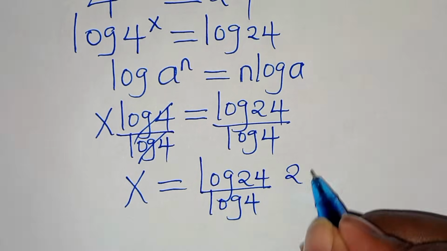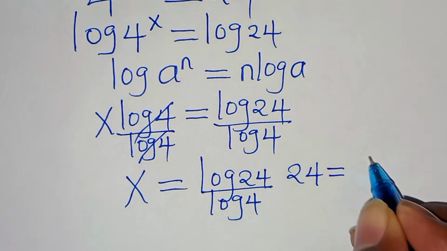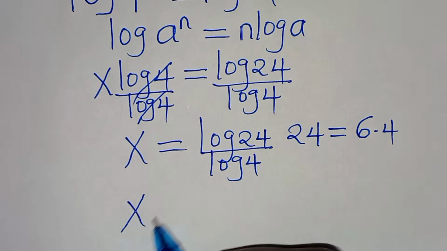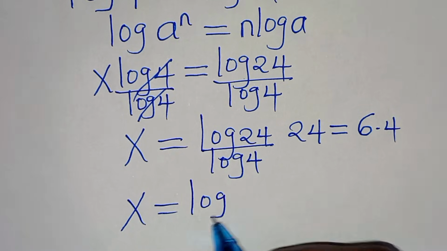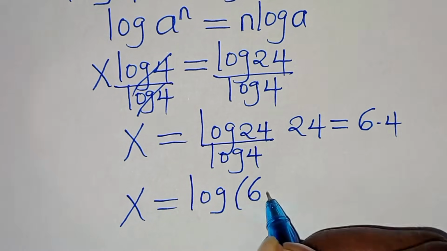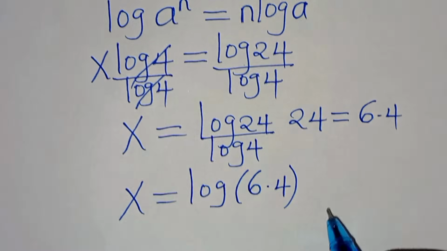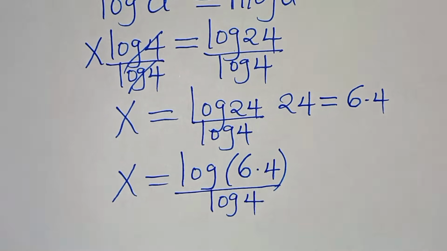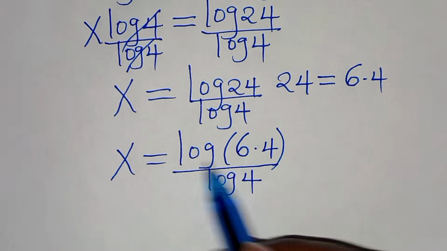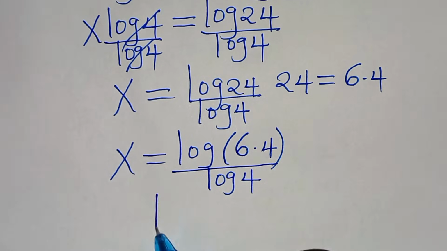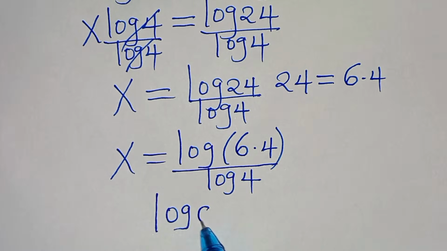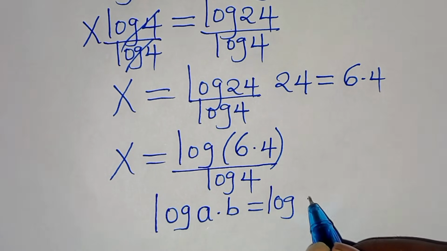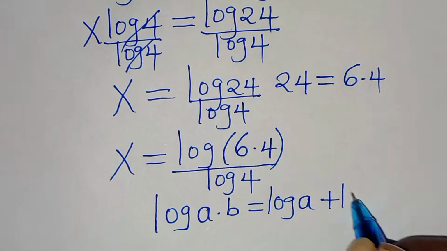We can express 24 basically as 6 multiplied by 4, and this implies that x is equal to log of 6 times 4 divided by log 4. Now, you find that log 6 times 4 is in the form of log a times b, which we can express as log a plus log b.